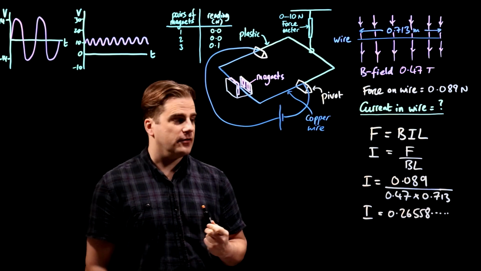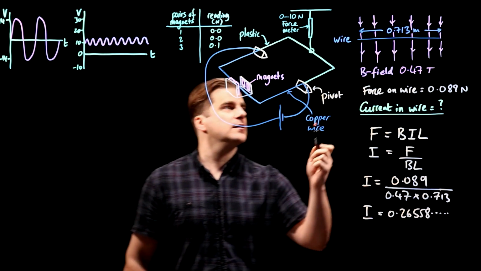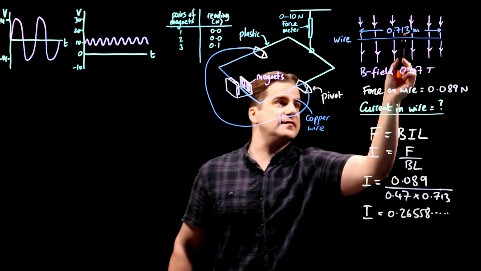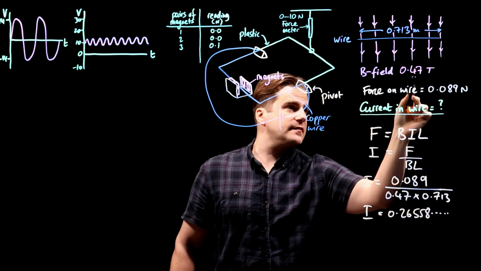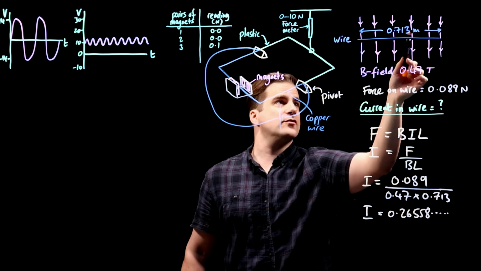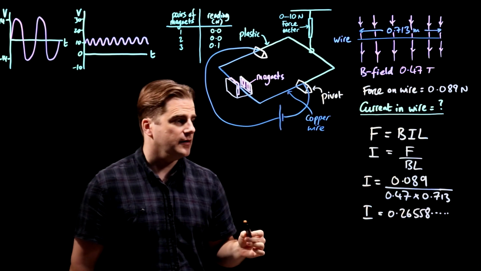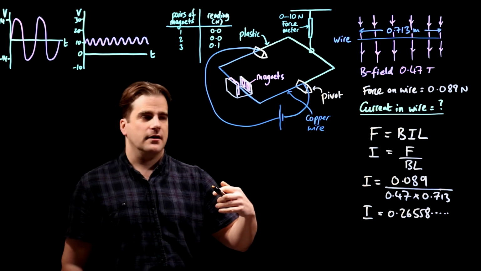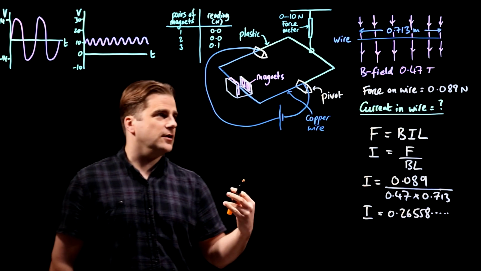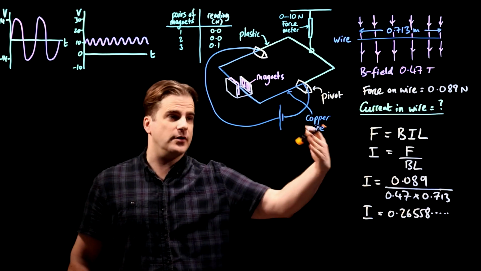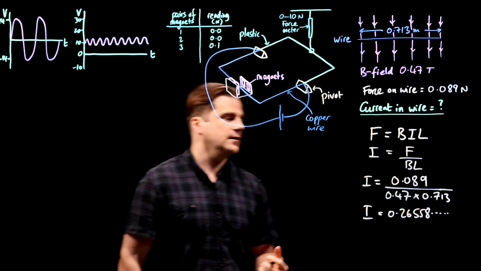I would say 3 significant figures because in the question they've given the distance to 3 significant figures. Yes, the B field is to 2 SF and so is the force, but that is 3 significant figures. So we should give our answer to 3 significant figures. I was always taught that you give the answer to the same number of significant figures as what they're using in the question.